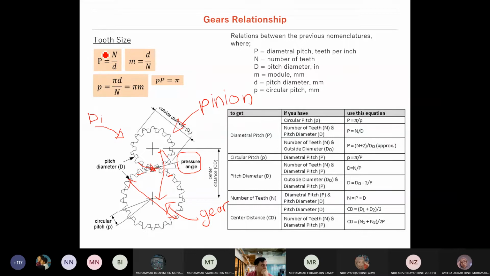So this is a formula to determine the tooth size. N besar, N kecil dengan M, satu lagi adalah P, which is the diametral pitch. Biasa awak jumpa lah. So this is a formula that is usually used.